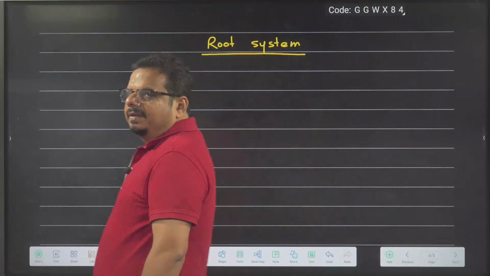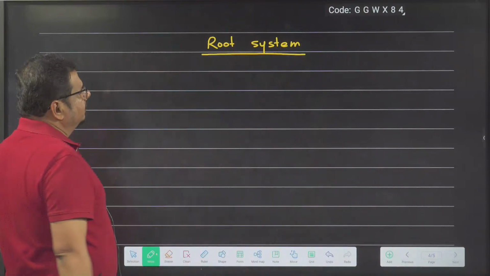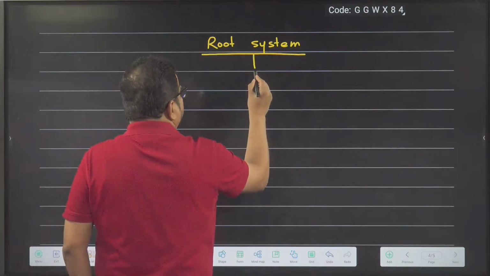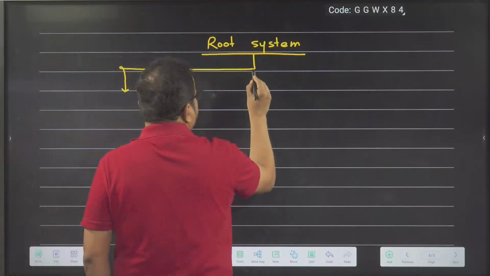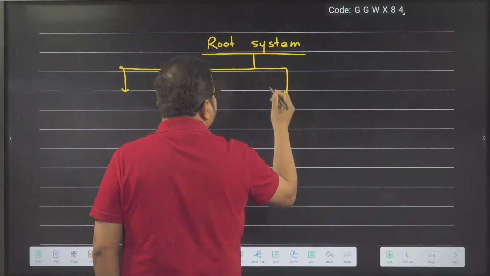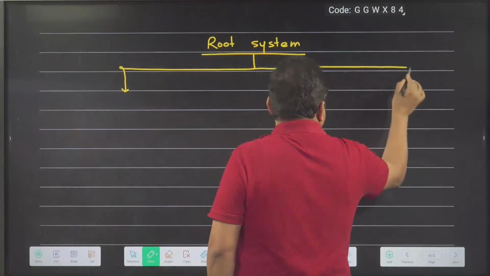Root system. Actually, there are two types of root system, but NCERT wrote three types, so we will follow NCERT.